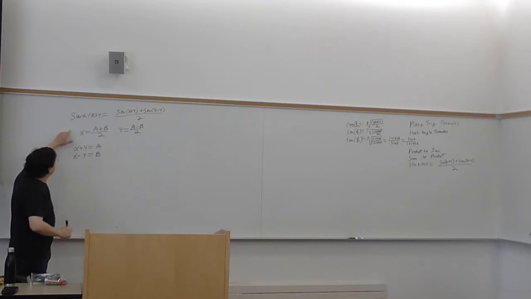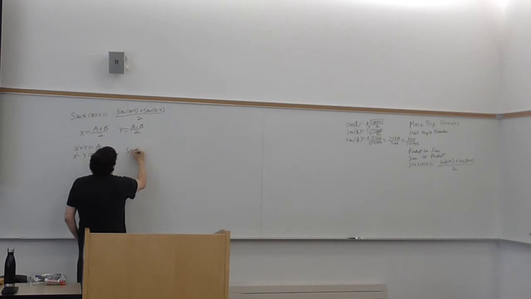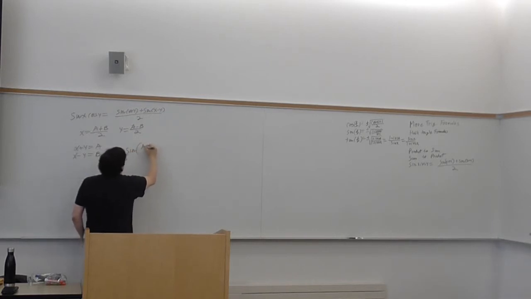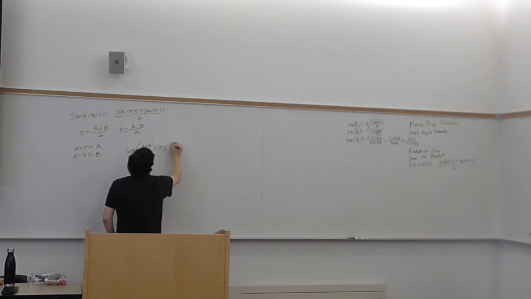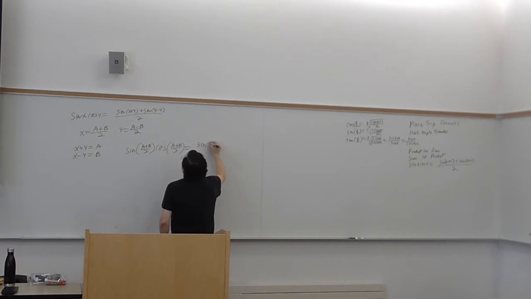So let's use these substitutions up here. This tells me that the sine of a plus b over 2 times the cosine of a plus b over 2 will just be sine of a plus the sine of b over 2.